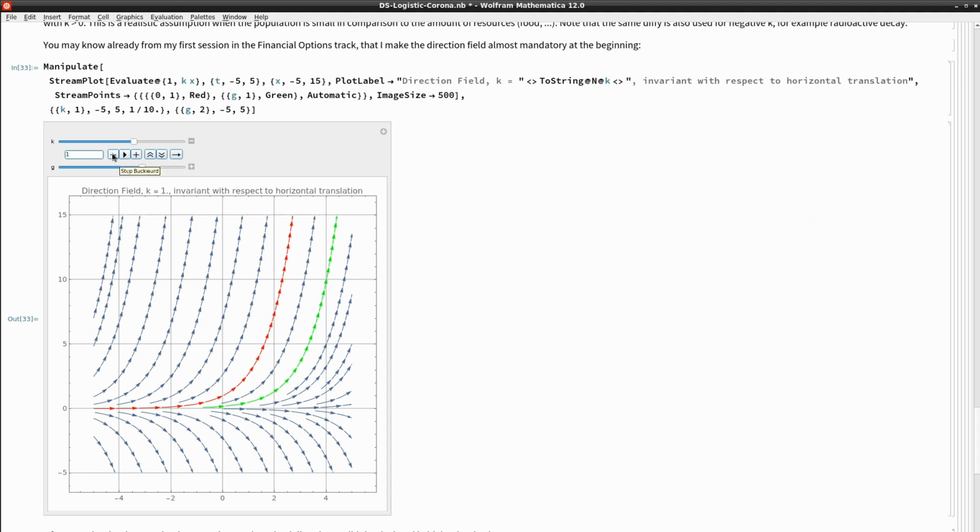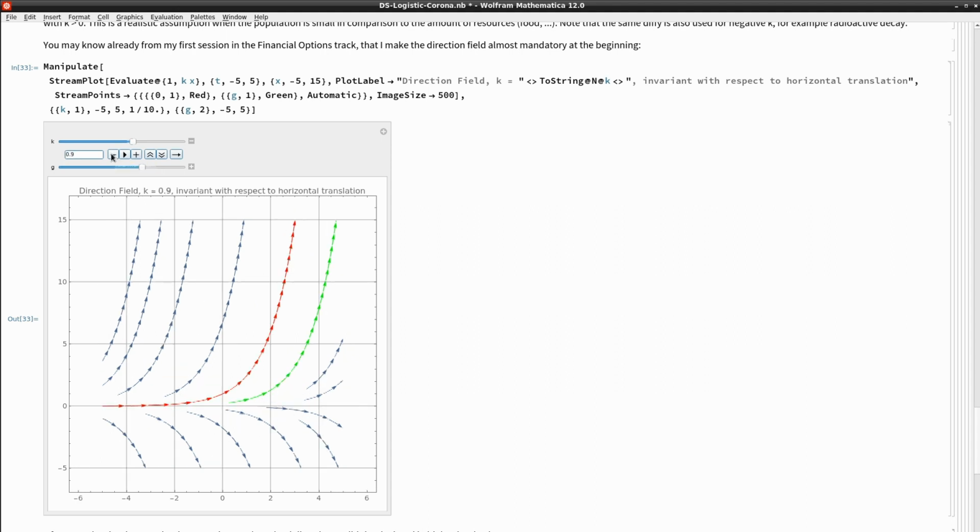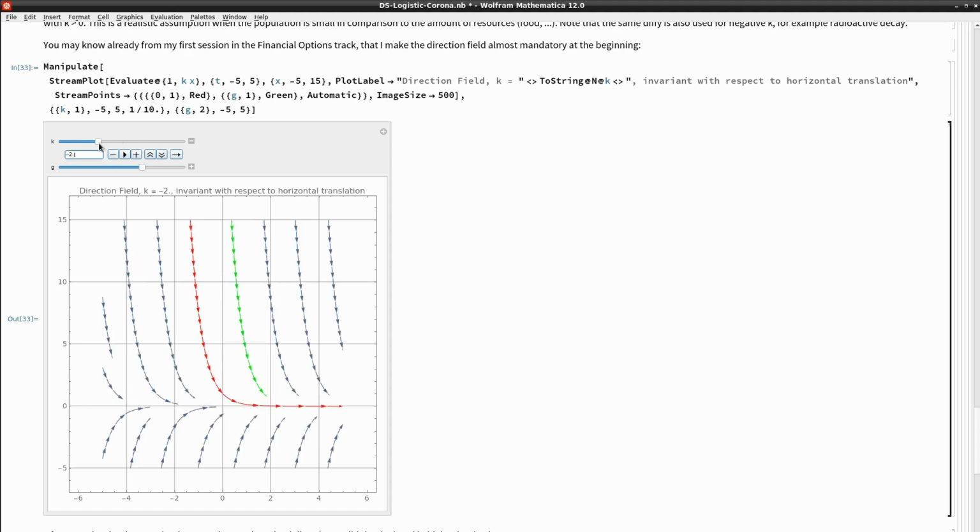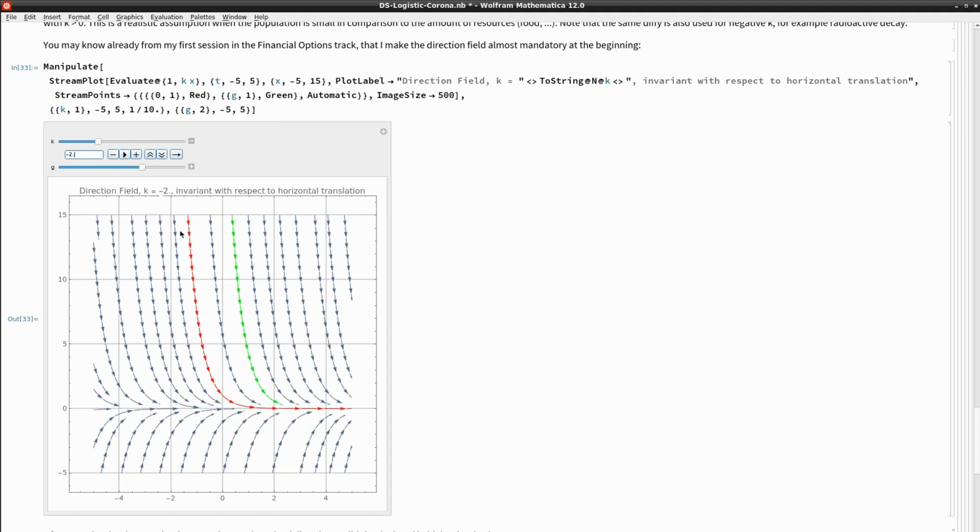But we can also lower it, and at the point where we are negative, we now have basically negative growth, right? This could be similar to radioactive decay. We start with a fixed amount first, but then the radioactive decay is getting weaker and weaker and weaker in an exponential manner until eventually there's nothing left, right?